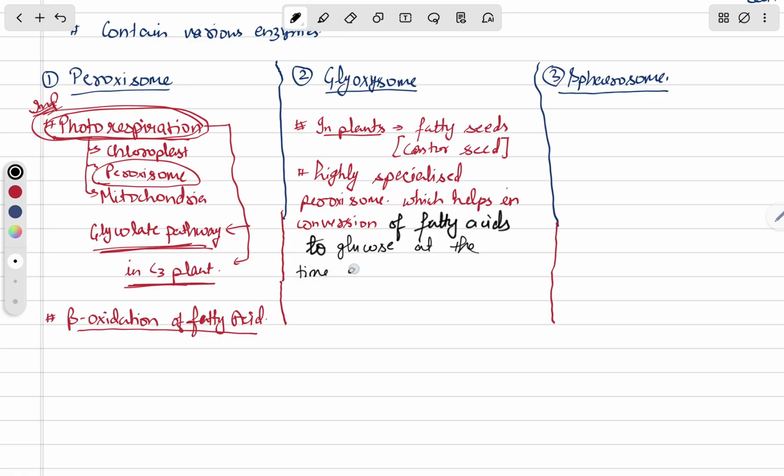At the time of seed germination, glucose is required and this glucose is converted from fatty acid, and which organelle is involved in that? Glyoxysome, right?